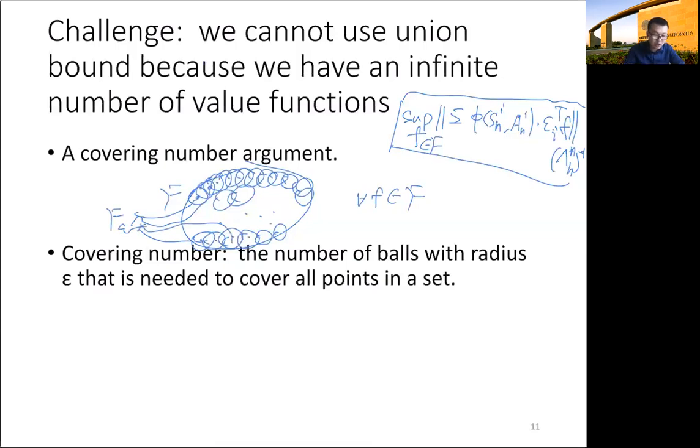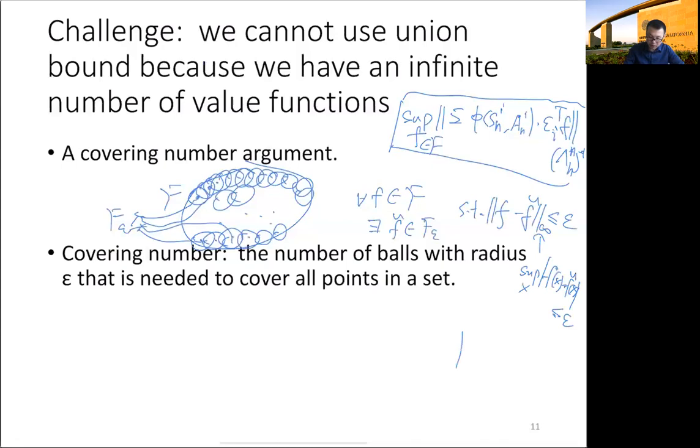It's a discretized version of f that satisfies that for any function f in this function class, there exists an f tilde in this discretized set such that f minus f tilde pointwise is smaller than epsilon. What this L infinity norm means is that the sup over all possible inputs x of the absolute value of f of x minus f tilde of x is smaller than epsilon.